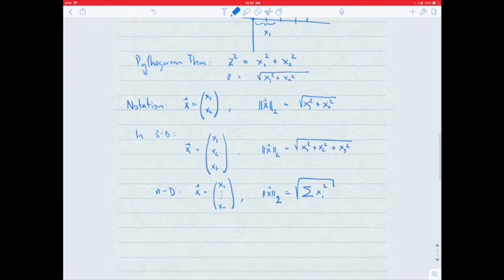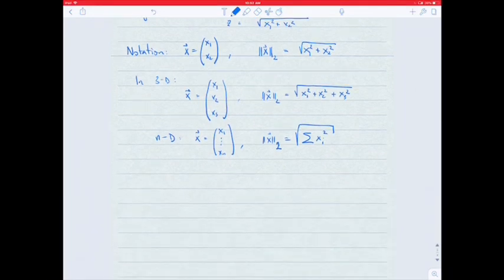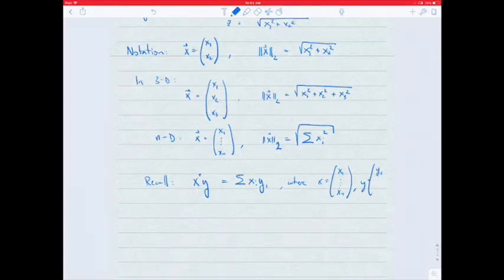Some other notation here. Remember that the dot product between 2 vectors, x and y, x transpose y, is just the sum of xi yi, where x is as above, x1 to xn, and y would similarly be y1 to yn.